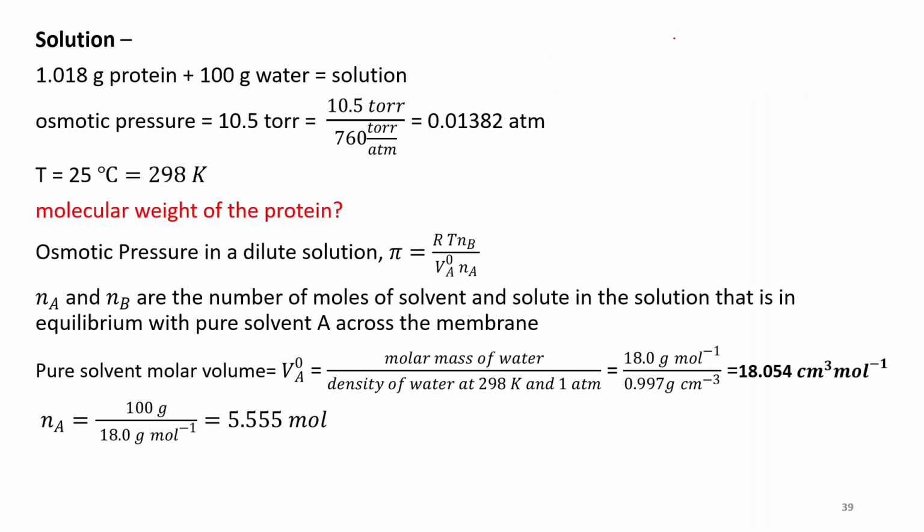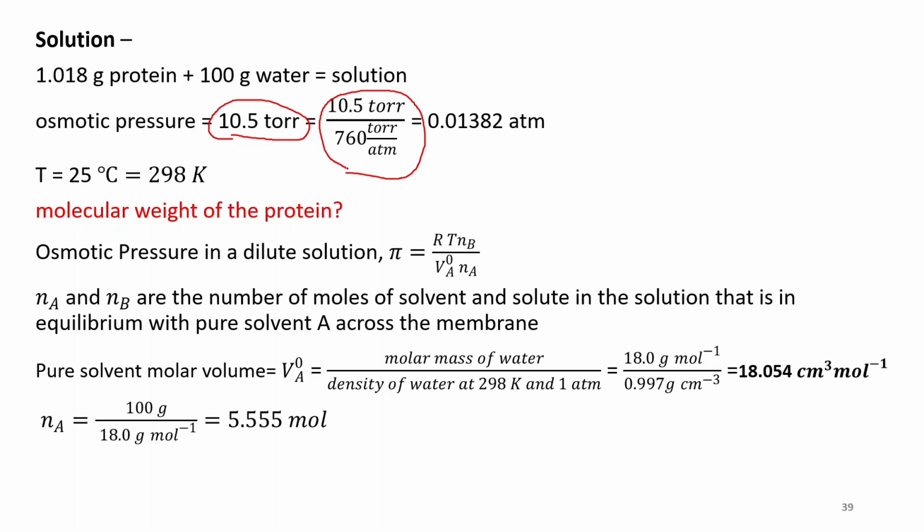It is already given that 1.018 gram of the protein is being put into 100 grams of water to form a solution. The osmotic pressure is given as 10.5 torr, which we can convert into atmospheric pressure: 10.5 torr divided by 760 torr per atm.